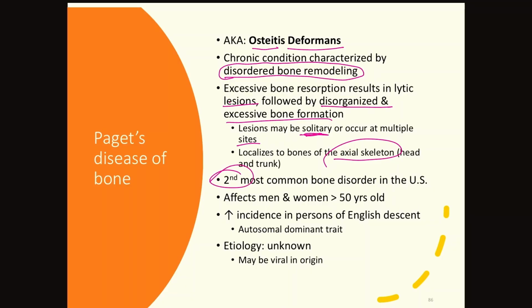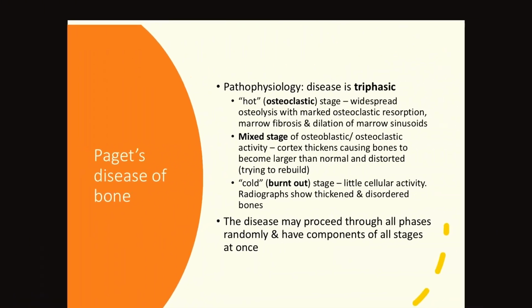It's the second most common bone disorder in the United States. What's number one? Osteoporosis. It affects men and women over 50 equally, with increased incidence in people of English descent, and the etiology is unknown.